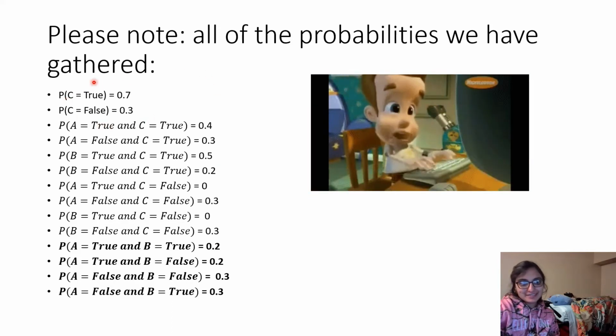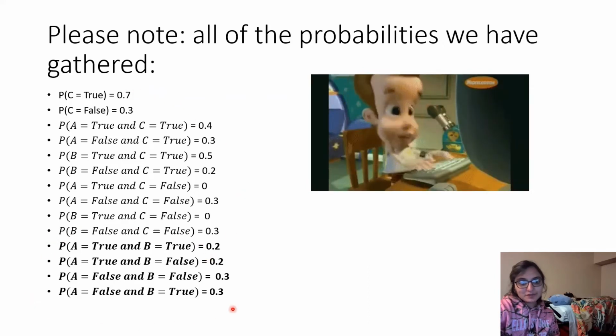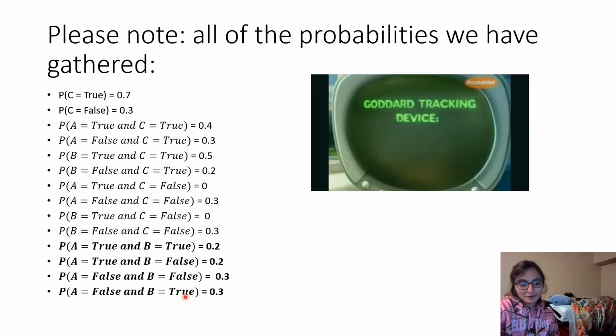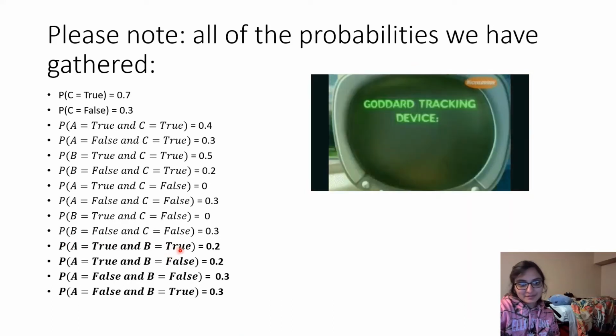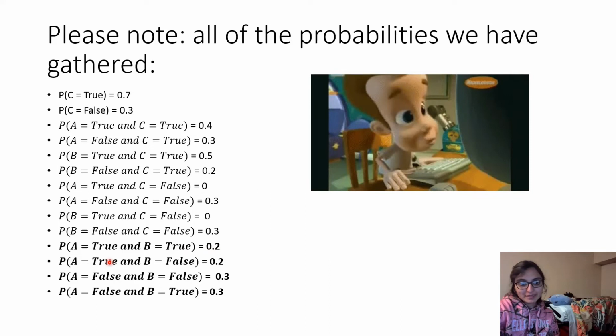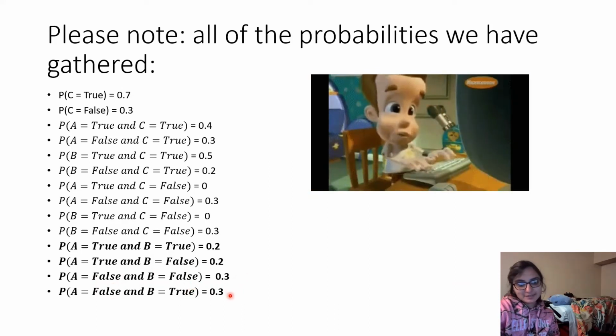These are the 4 that we talked about for A and B. Probability A is true and B is true is 0.2. Probability A is true and B is false is 0.2 or 20%. Probability A is false and B is false is 30%. And lastly, probability A is false and B is true is 30%.